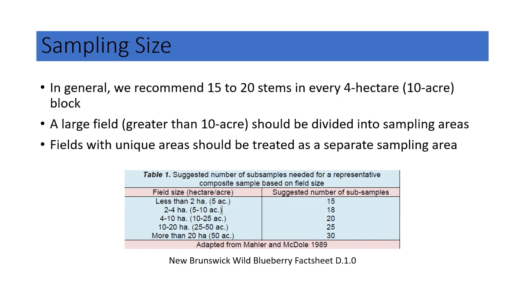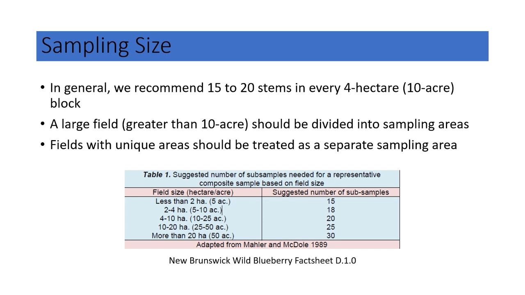Because of those reasons, we recommend growers collect 15 to 20 stems in every 4 hectares, and that's about a 10 acre block. As I mentioned, the size of wild blueberry fields has a big variation and a lot of commercial fields are larger than 10 acres. So we also recommend growers carefully evaluate their field conditions such as shapes, sizes, and soil properties.